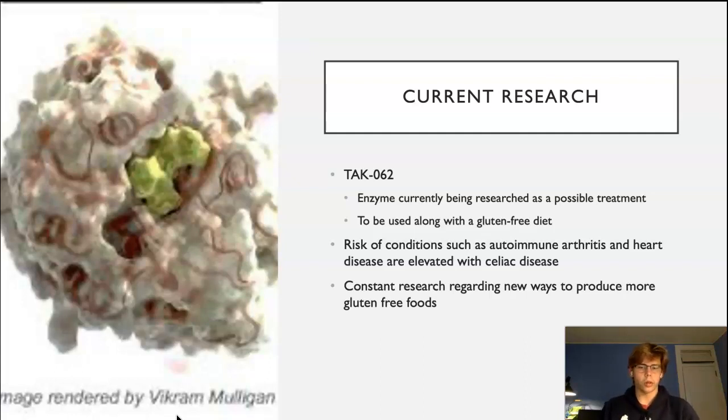Then another thing they're studying is the correlation between a couple of different diseases that have a noticeable change in risk for people who have celiac. One we'll talk about is autoimmune arthritis, and this is actually present in children and adults.